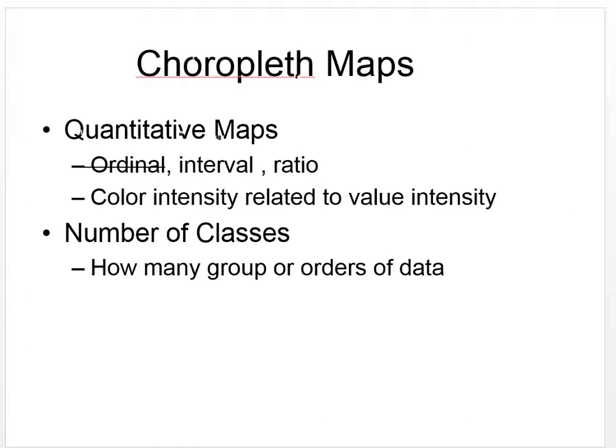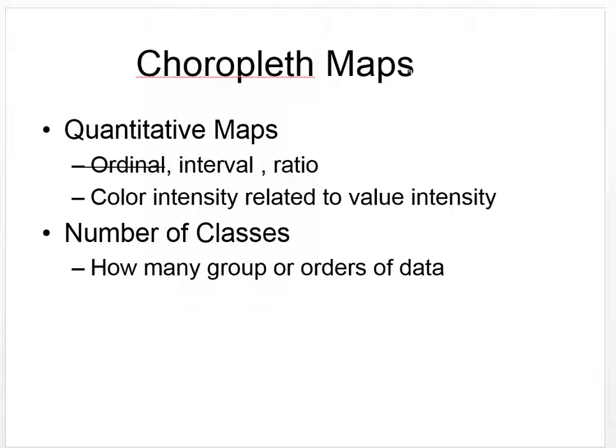So when you're mapping ratio data, you really want to think about quantitative maps and Choropleth maps. And I have ordinal crossed out because this is kind of the gray area, but ordinal, if I have an intensity of 1, 2, and 3, I could use a Choropleth map for that as well.